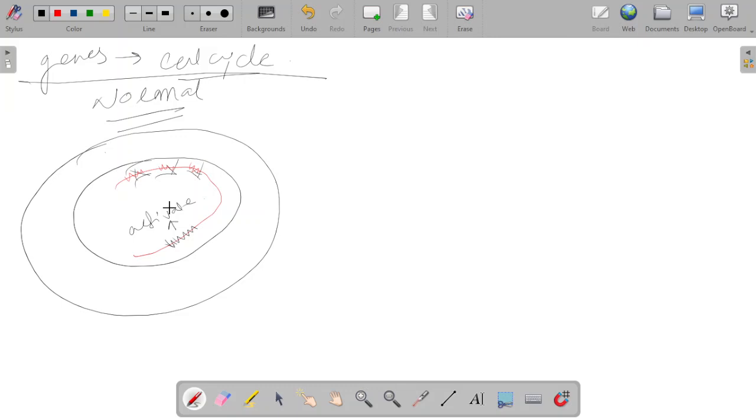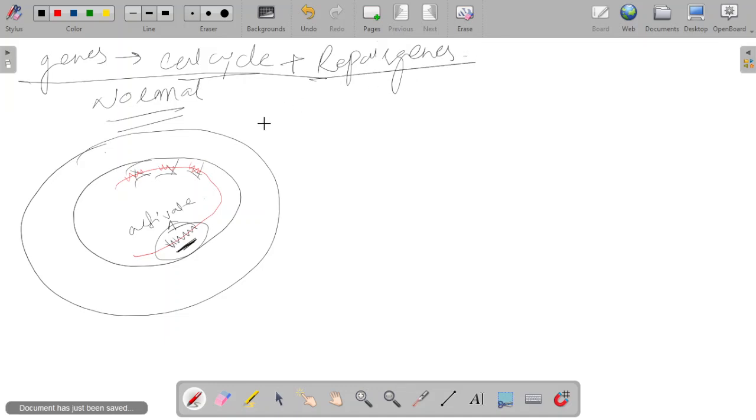Now suppose another mutation occurs in this group of genes, the repair genes. What kind of mutation? Either gain of function or loss of function. Of course there could be loss of function. Then it means there is another mutation: the repair genes also undergo mutations.